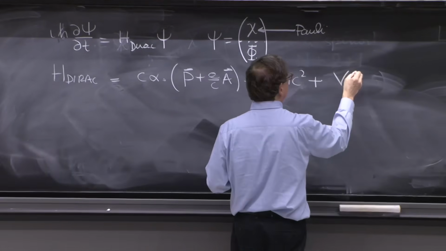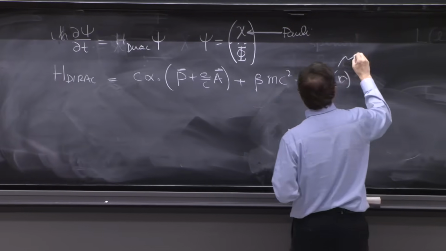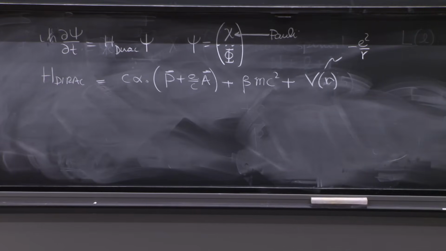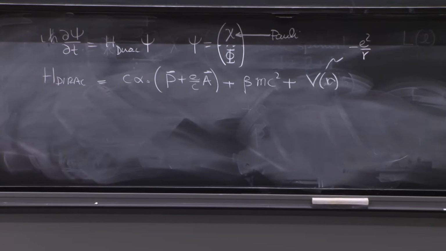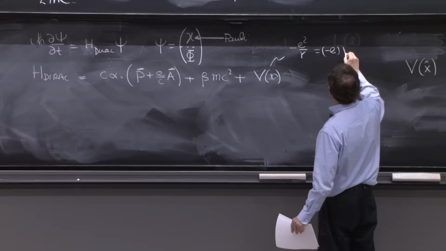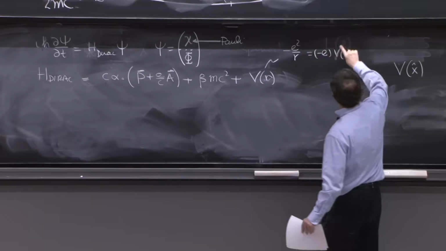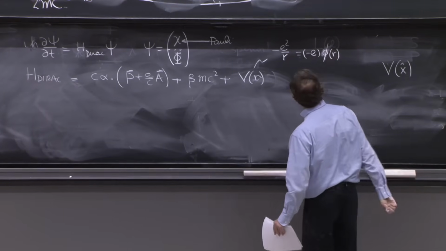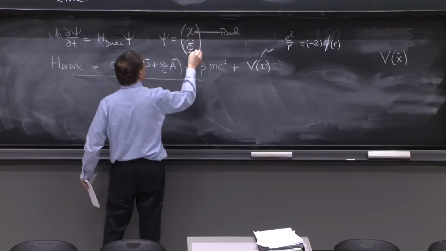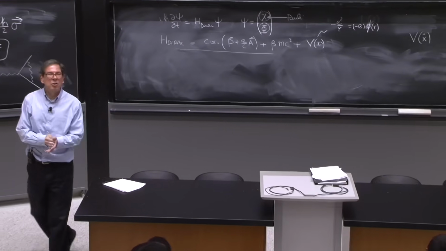And you still have to add the potential V of r that comes from, say, minus e squared over r. It's the value of the electron charge times the potential of r, the scalar potential, phi of r. So this is the Dirac Hamiltonian, and you have these things. And this is something you can read if you're interested in Shankar.